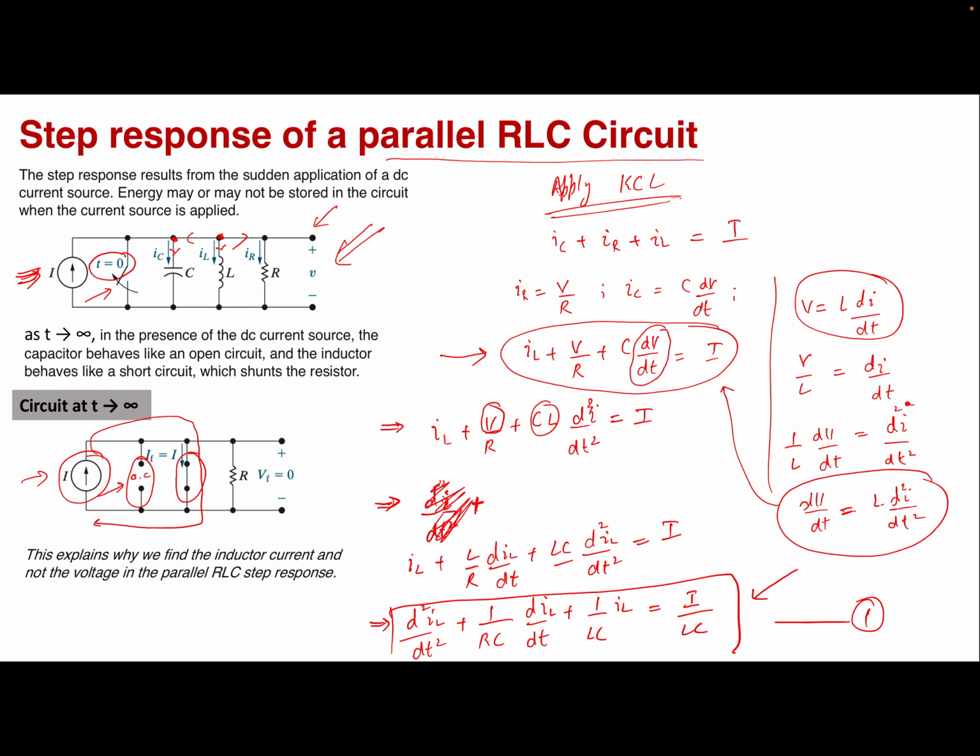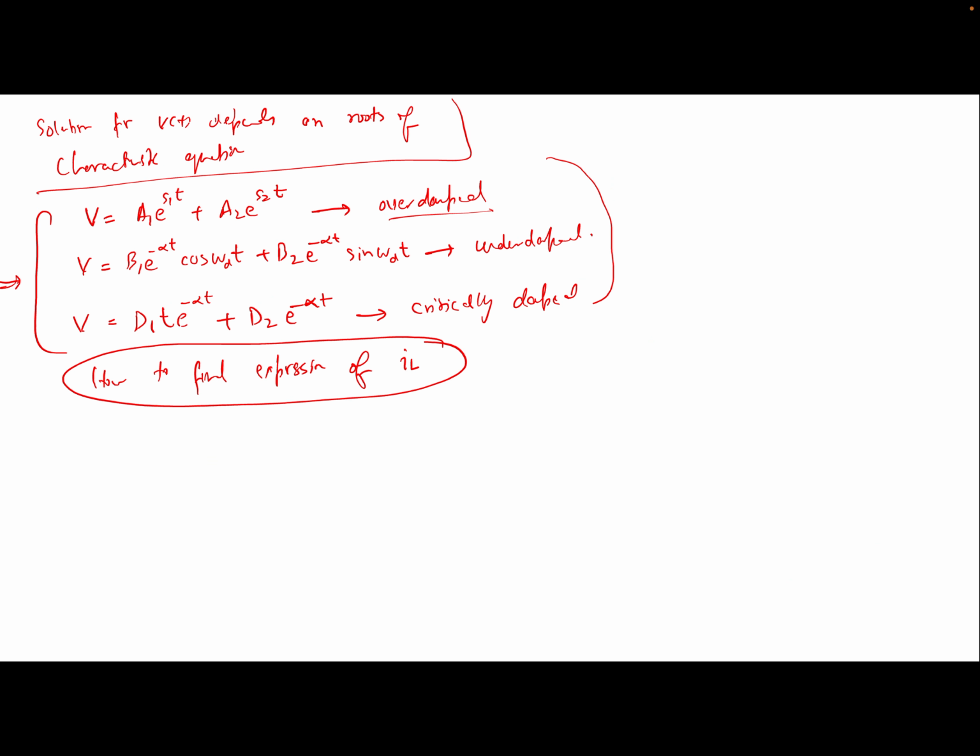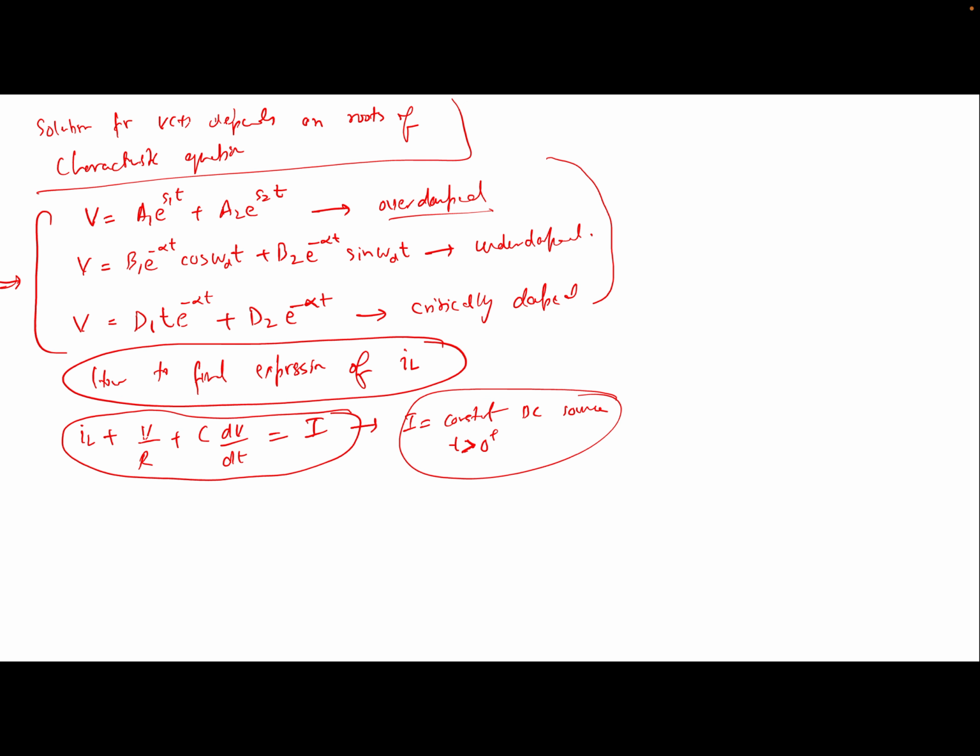I'm going to use this equation again: IL plus V over R plus C dV by dt equals I, where this I represents the constant DC source in the circuit for t greater than or equal to 0 positive.